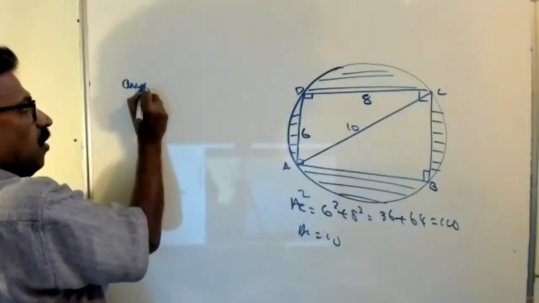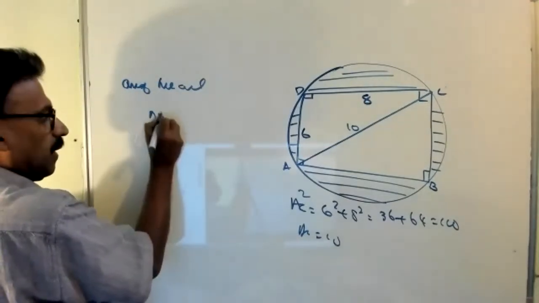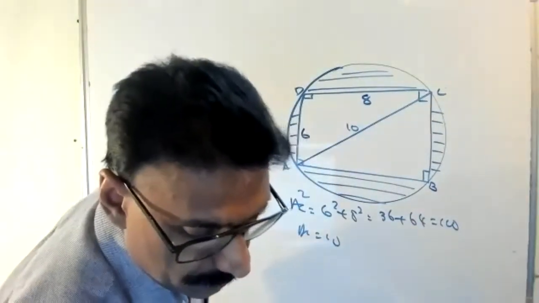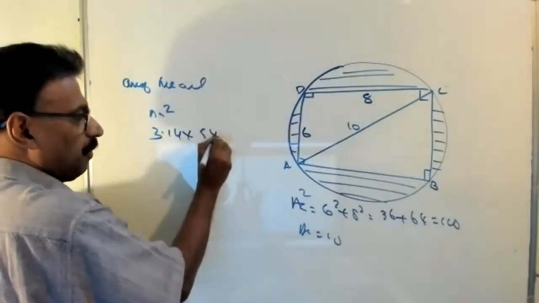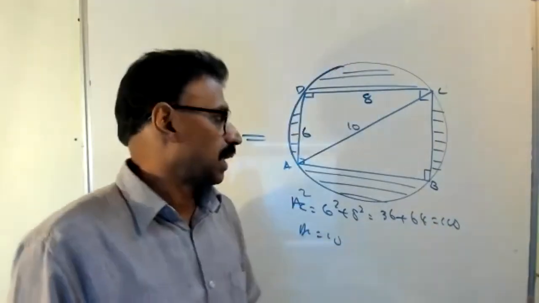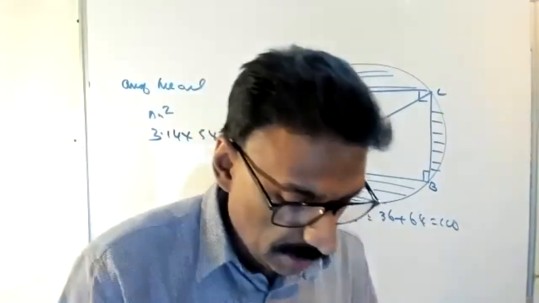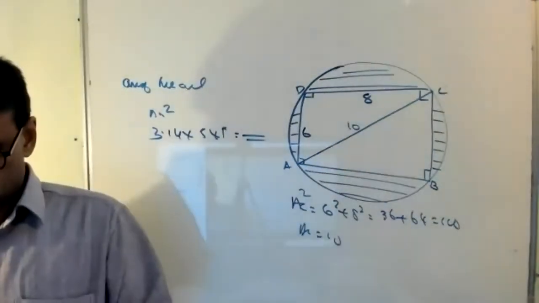Area of the circle is pi r squared. Pi value is given 3.14. So 3.14 into 5 into 5. Then area of the rectangle is 48. So subtract, you will get 30.50.